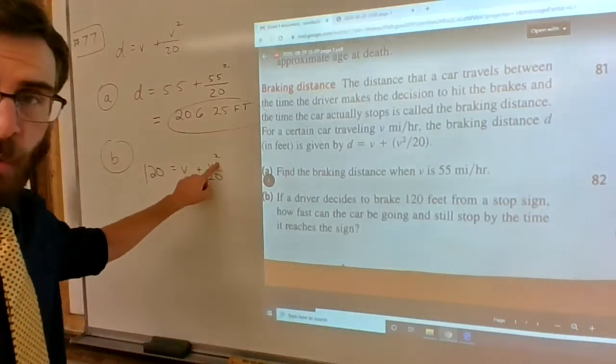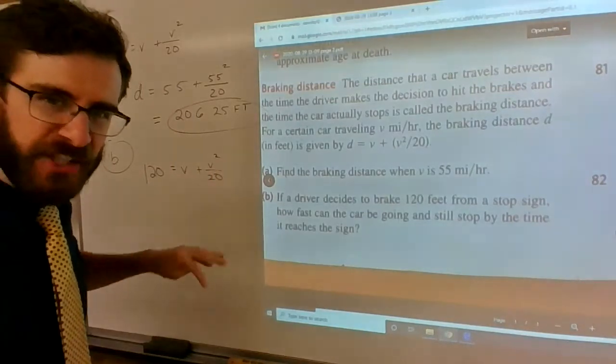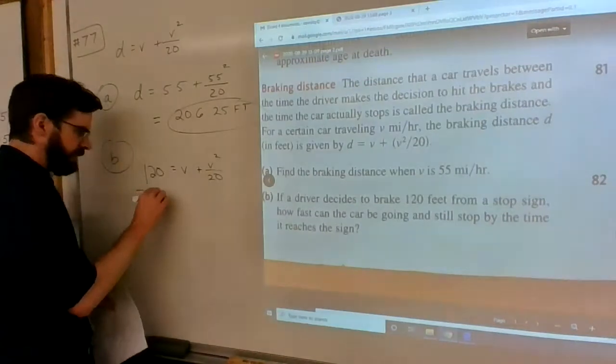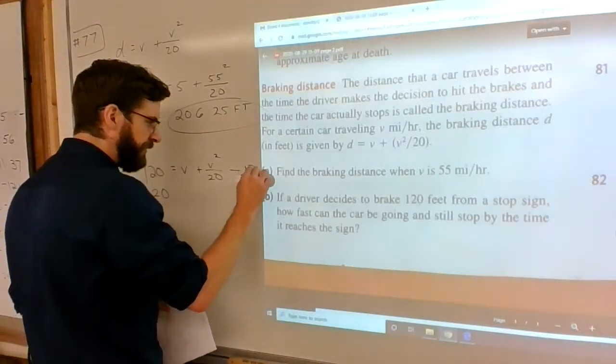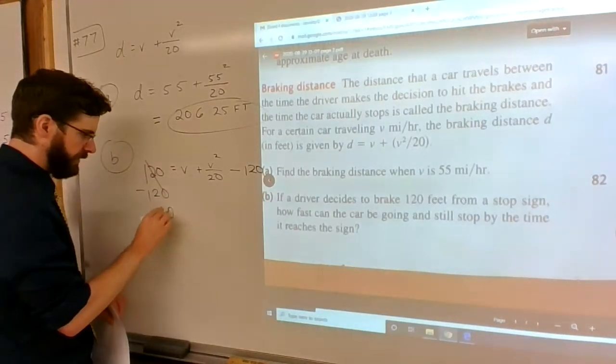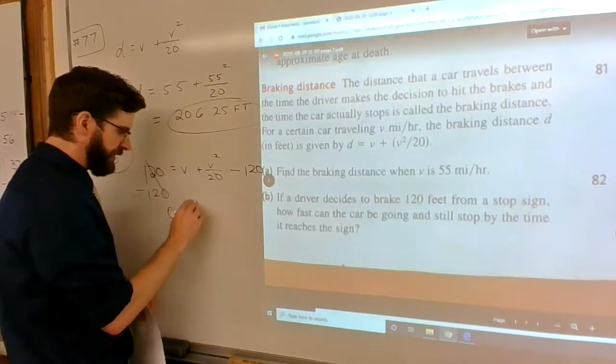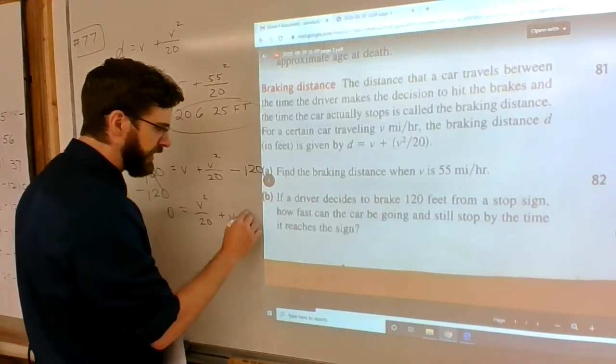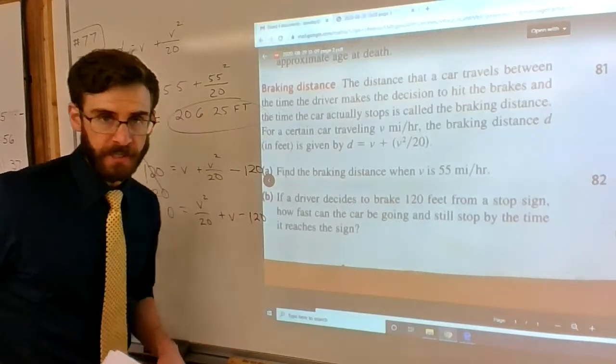We've got a v squared and a v. This kind of has quadratic structure, which means we can get everybody on the same side of the equation, rearrange it so that it's a quadratic, and either use factoring or the quadratic formula.